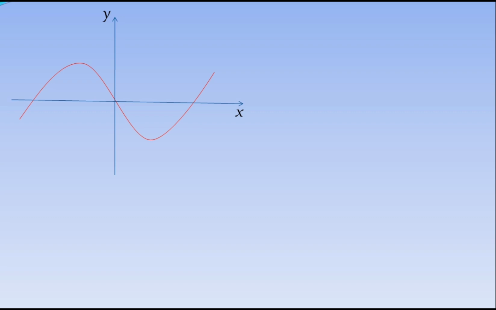Whenever you are asked to draw a cubic graph, know that you are going to have it in either this form, or you may also have it in the second form. That is how this function looks, the nature of the cubic function.